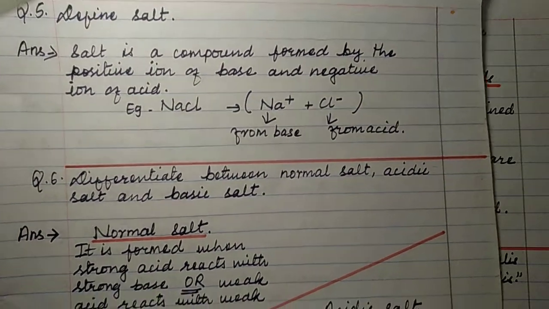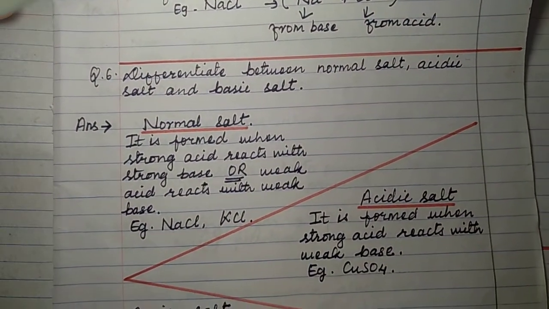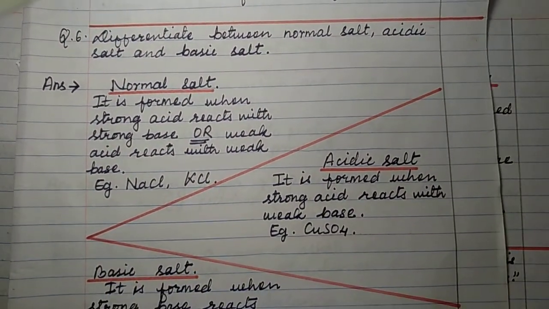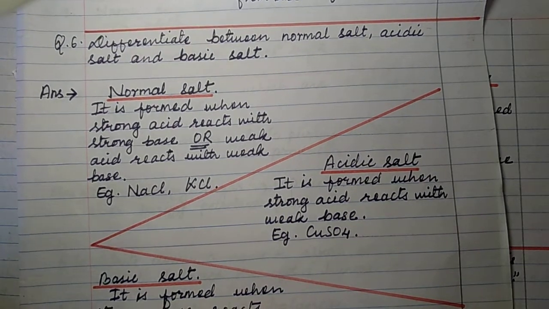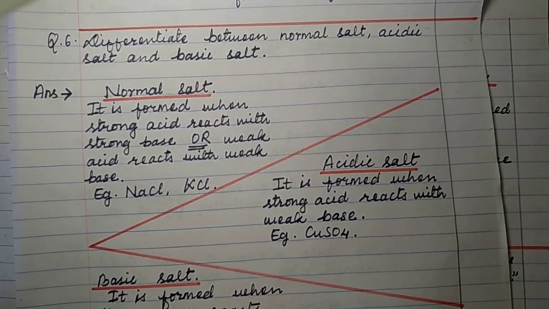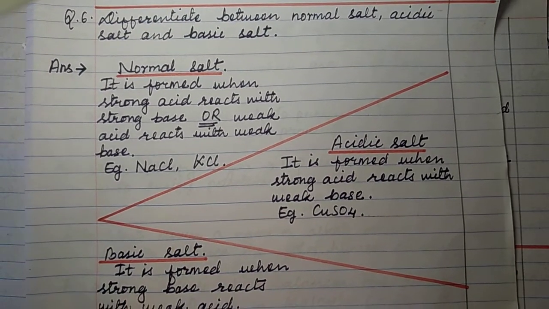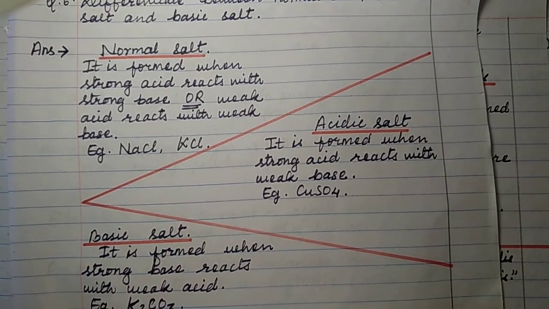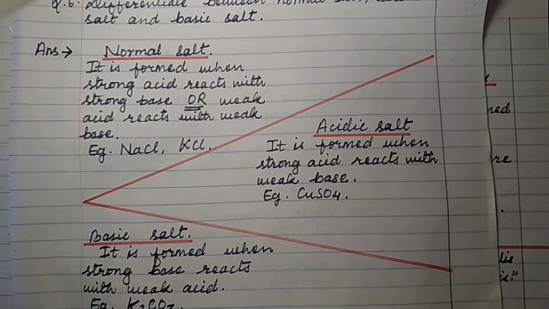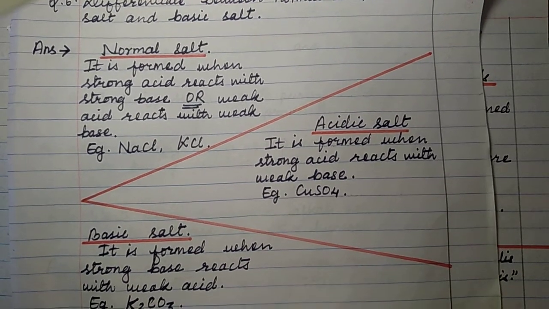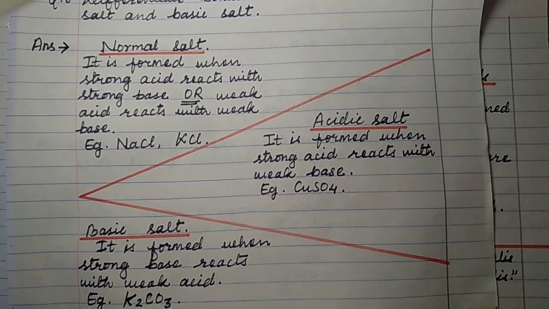Now the next question is: differentiate between normal salt, acidic salt, and basic salt. Sometimes you may get a question like write the differences between normal salt and acidic salt, or between acidic salt and basic salt. If you learn all three types of salt together, it will be easier to understand.